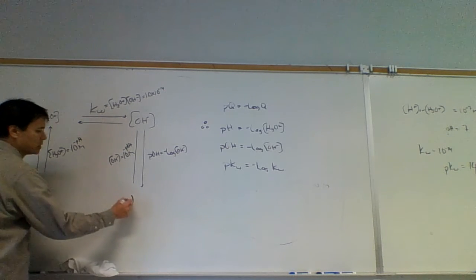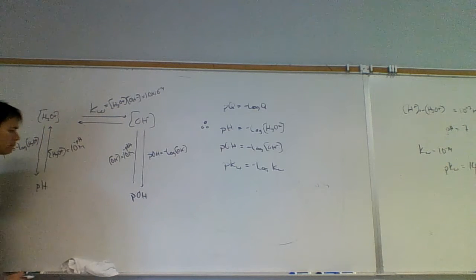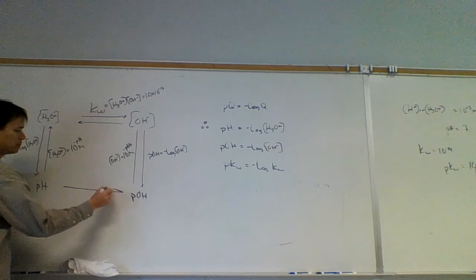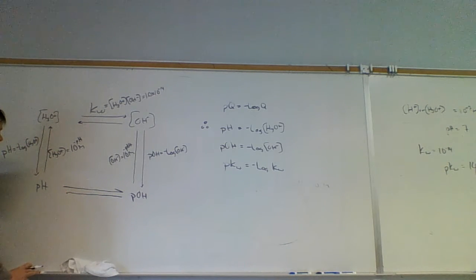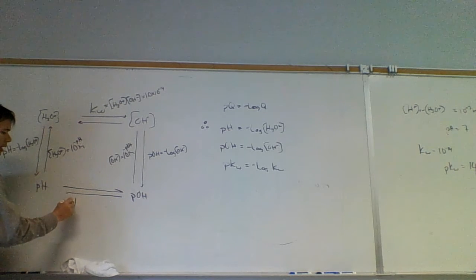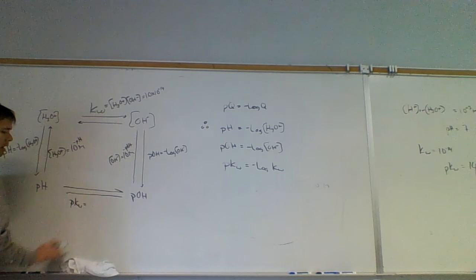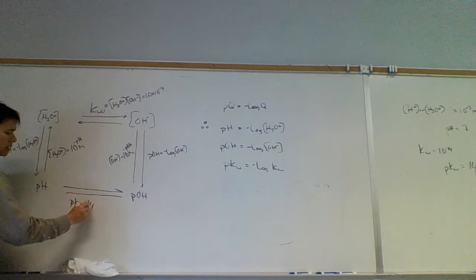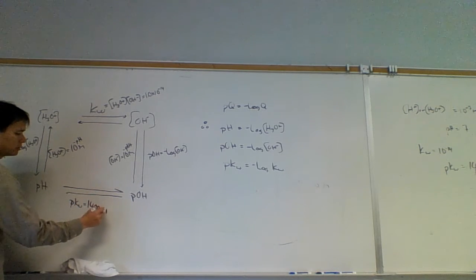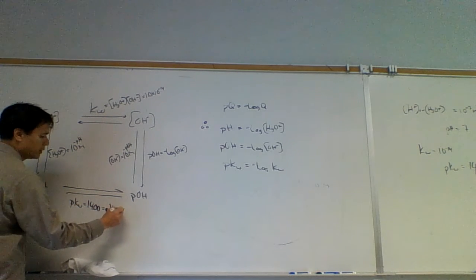Then we can go straight from pH to pOH using pKw. pKw is actually 14.00, which is equal to the pH plus the pOH.